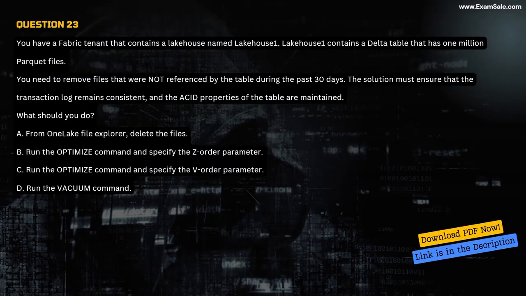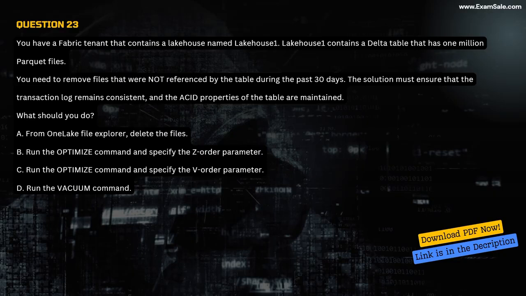Question 23. You have a Fabric tenant that contains a lakehouse named Lakehouse 1. Lakehouse 1 contains a delta table that has 1 million Parquet files. You need to remove files that were not referenced by the table during the past 30 days. The solution must ensure that the transaction log remains consistent and the ACID properties of the table are maintained. What should you do?